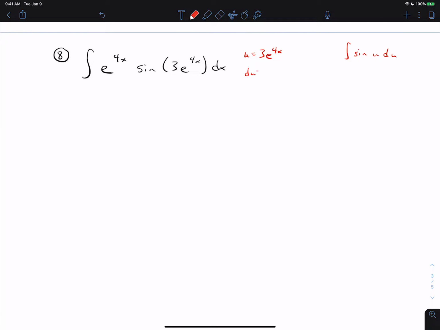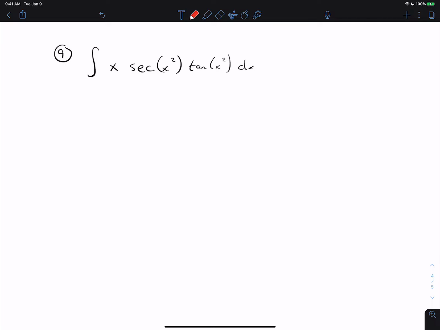If we have x secant x squared tangent x squared, a little bit weirder, but I want to go through one that matches a form where u shows up twice. So the form we're going to try to match is secant u tangent u du.